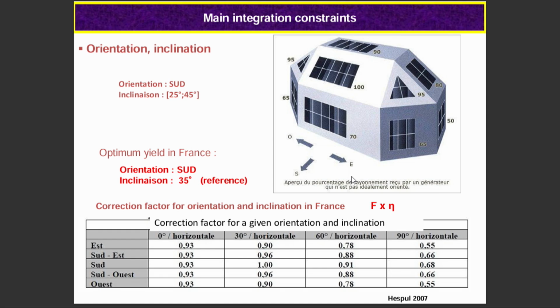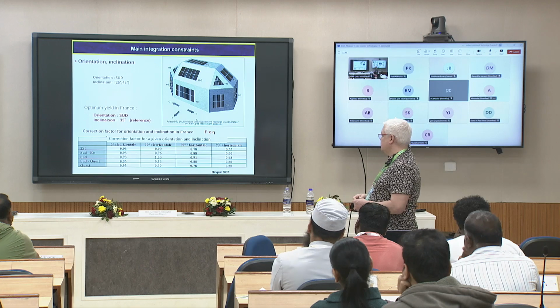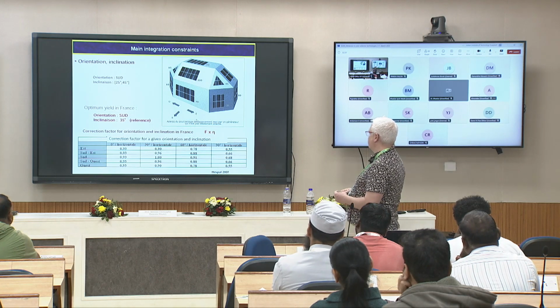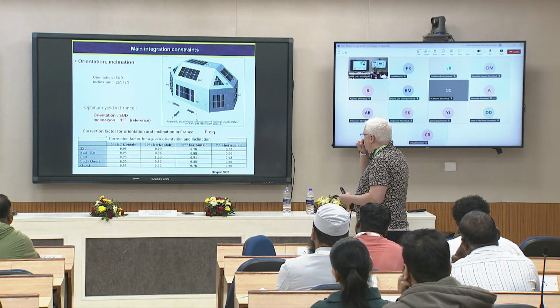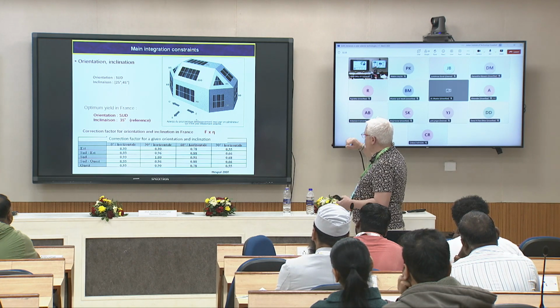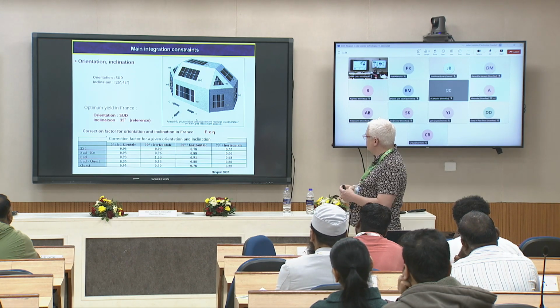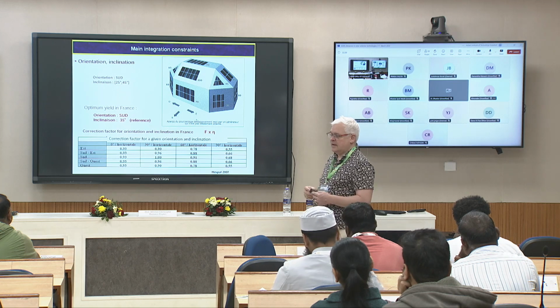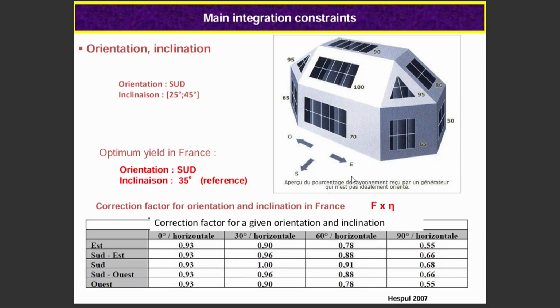You are losing 5% more, but you are around 65%. If you are on the roof east, you still have 80%, and west you have also 80%.